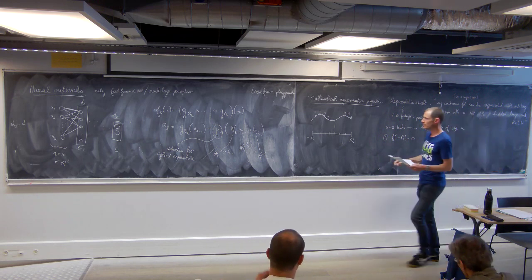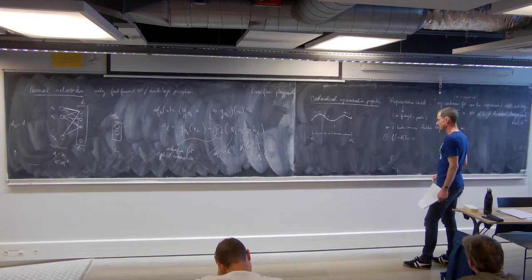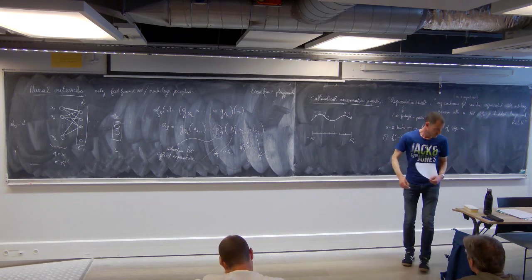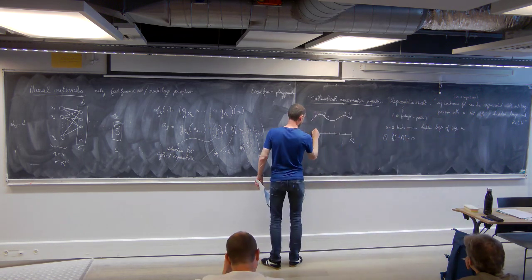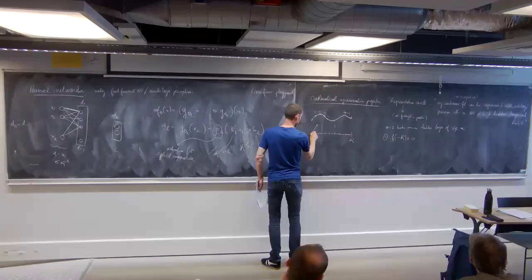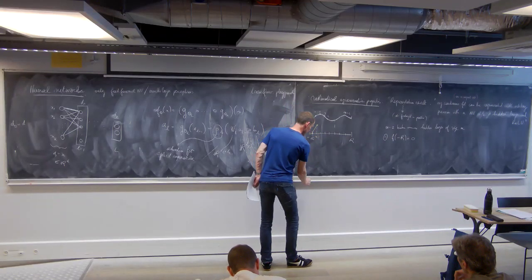So we start from the situation where we start here from 0. If we start from 0, our function looks like that on the first interval. You start here from 0, and you go to some value at x1.